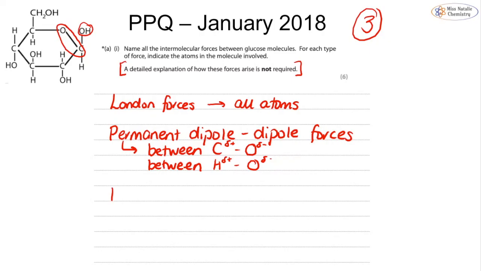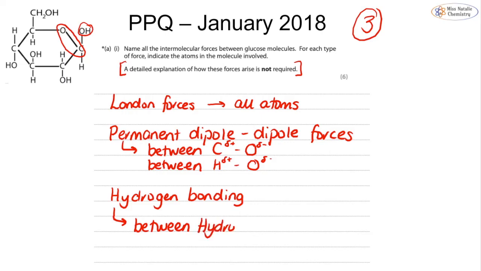And then the last one is, of course, our hydrogen bonds. And then we have to explain where these arise from, and the way that we have to discuss this is we have to say that we have got these bonds forming between the hydrogen of the OH group and another oxygen.